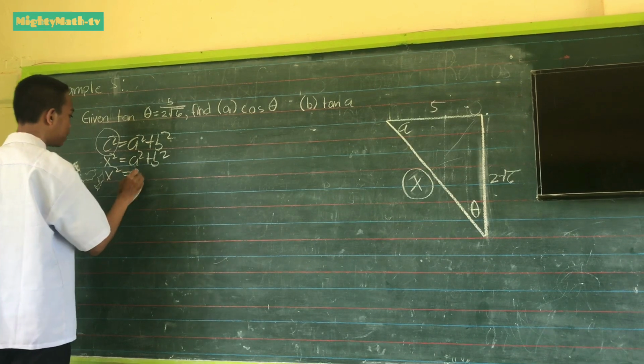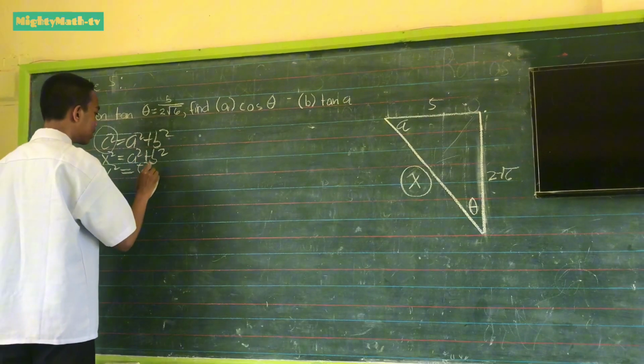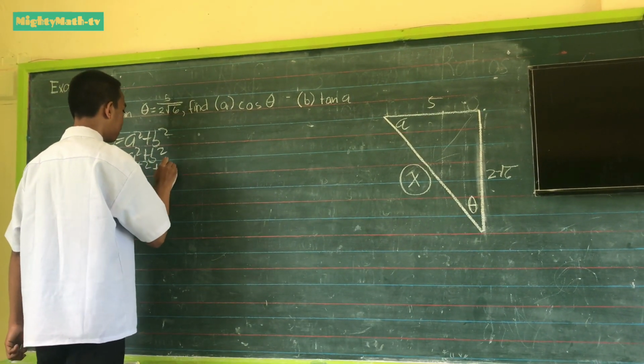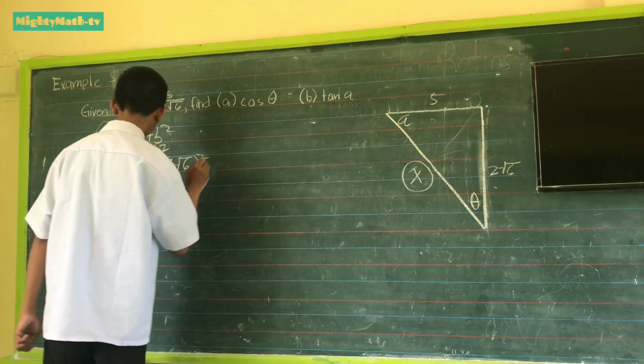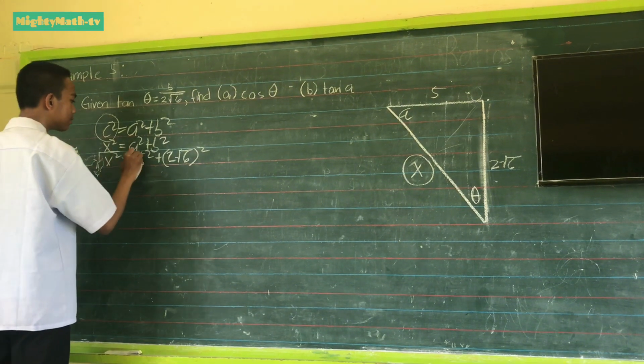Now we can replace the value. It's 5 squared plus 2 square root of 6 squared. You can square root both sides.